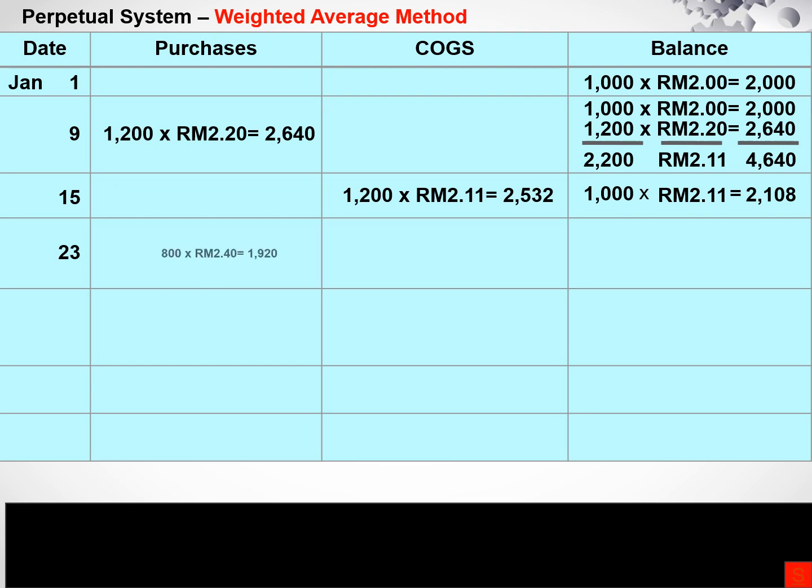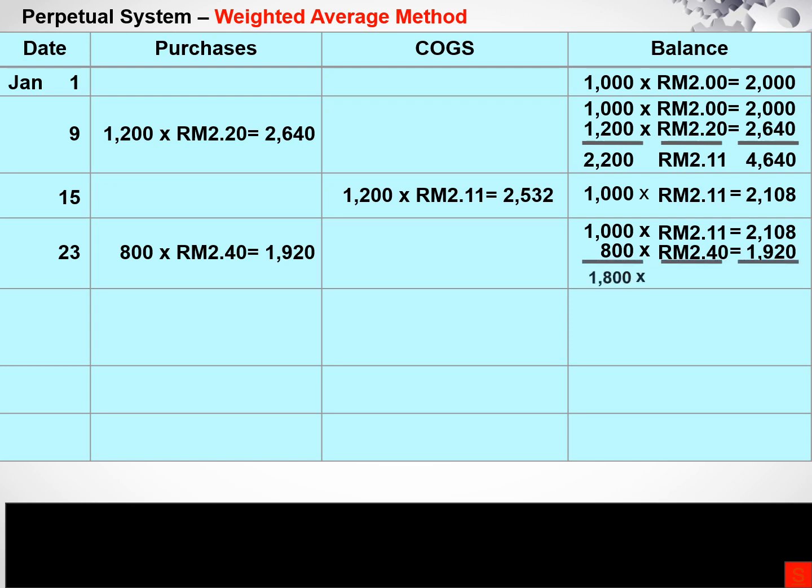On 23rd January, purchase 800 unit times 2 ringgit and 40 cents equals to 1,920. So the balance are 1,000 unit times 2 ringgit and 11 equals to 2,108 plus 800 unit times 2 ringgit and 40 cents equals to 1,920.